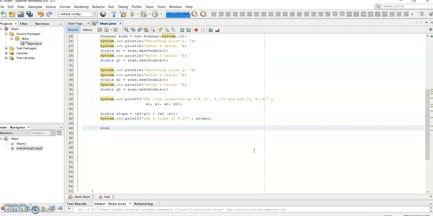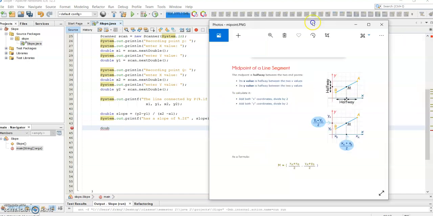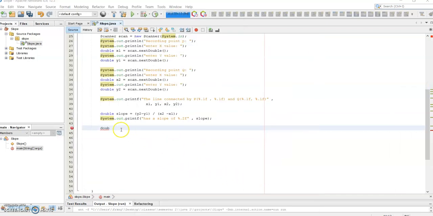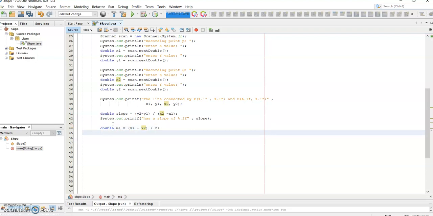Okay, so after the slope, let's calculate the midpoint. Let me show you the formula for the midpoint. This is the formula for the midpoint. Okay, add both x coordinates and divide by 2, add both y coordinates and divide by 2. So this is what your midpoint is for the line. Okay, let's go ahead. Double m1 equals x1 plus x2 divided by 2.